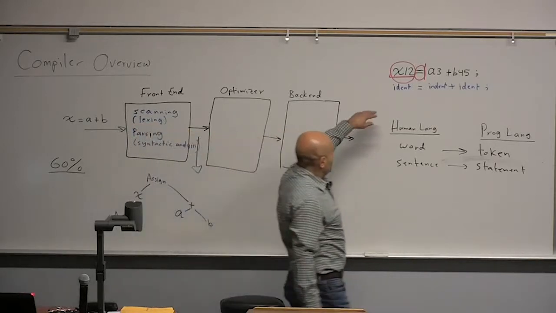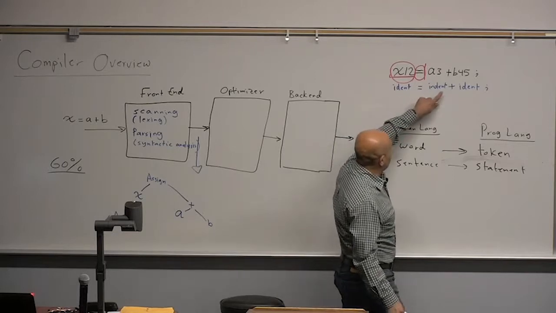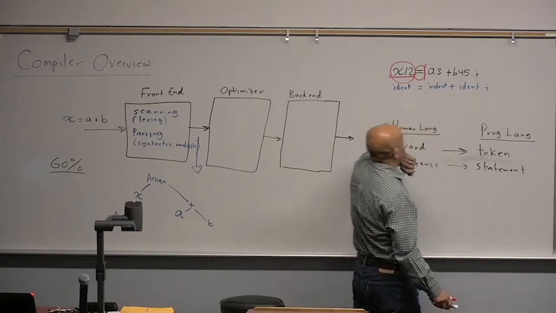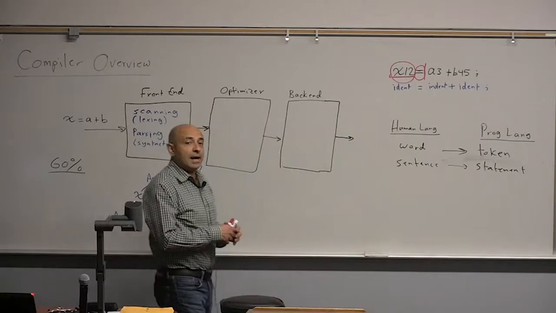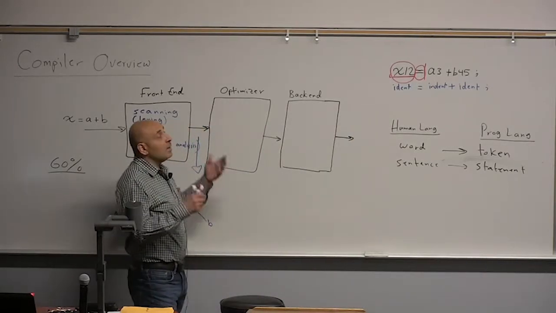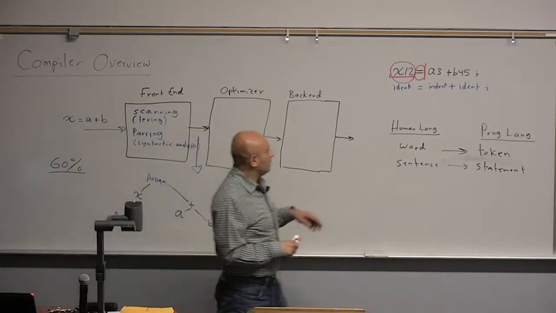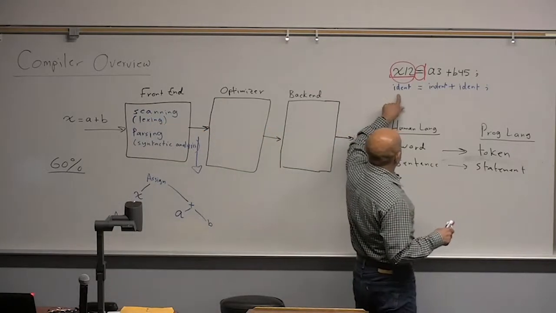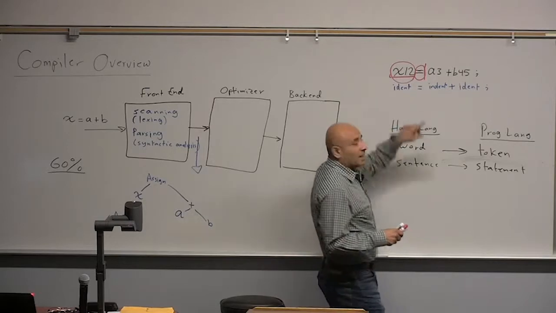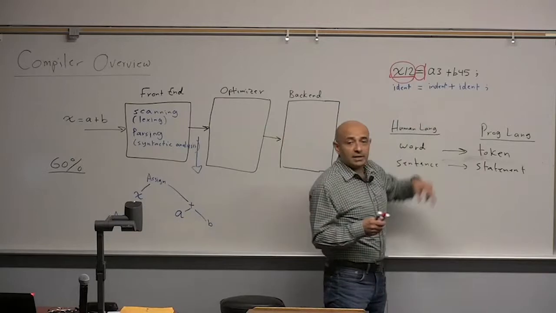So the scanner said, OK, we have an identifier equals an identifier plus another identifier. Is there a rule in the language that allows us to build a valid sentence? Well, in the languages that we are familiar with, yes, there is a rule where this identifier on the left is the identifier that we are assigning to, and whatever appears on the right is the expression.